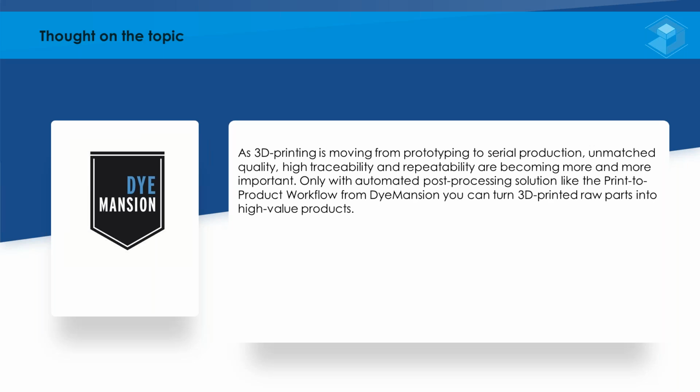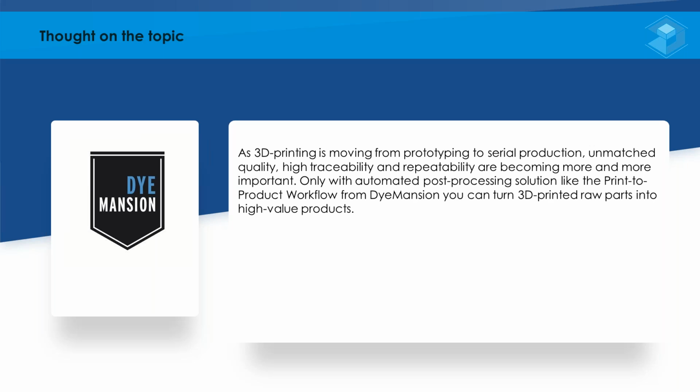What we need for production is high traceability and repeatability, which is more and more important for this new industry. Only with an automated post-processing solution, like our Print to Product workflow, can we together turn 3D printed raw parts into high value products.